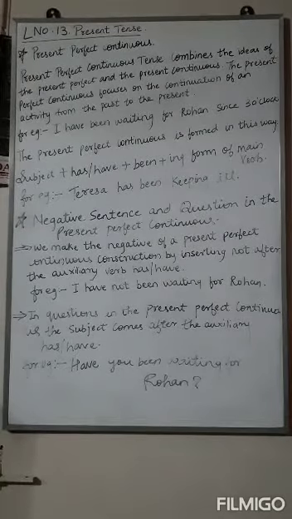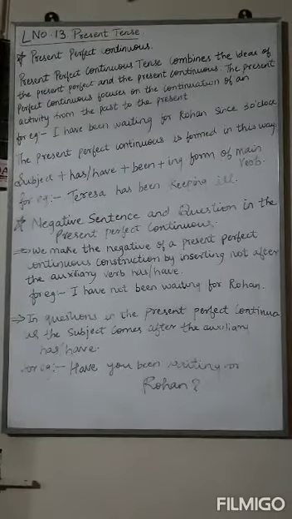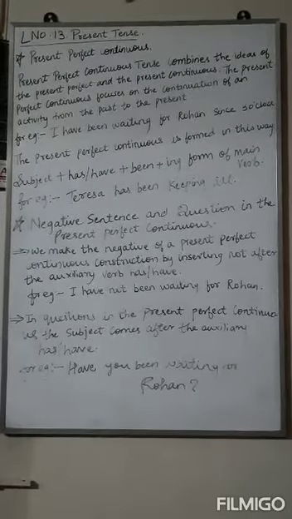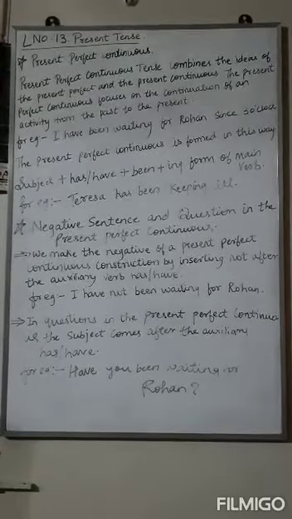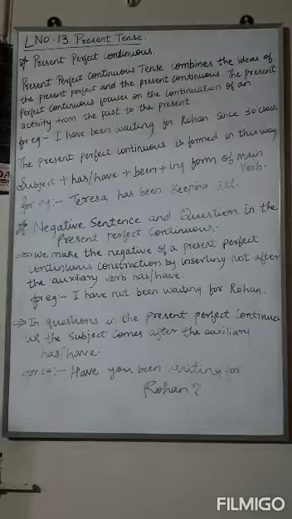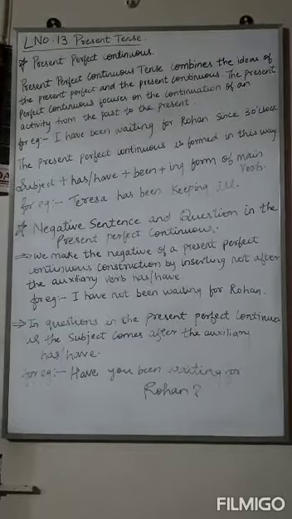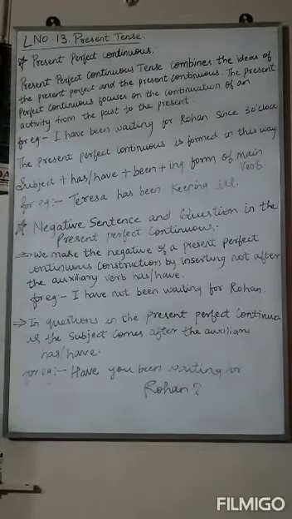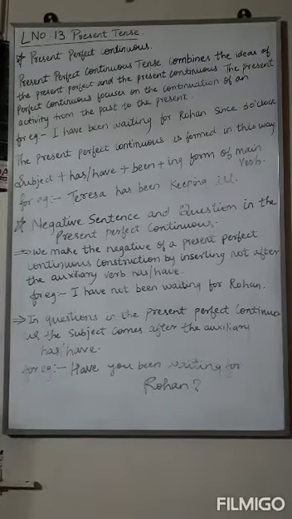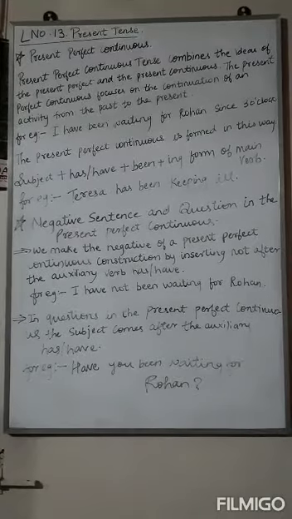Means it shows the continuation of the past to the present. The present perfect continuous is formed in this way: subject plus has or have plus been plus the ing form of the main verb. For example, Teresa has been keeping ill.